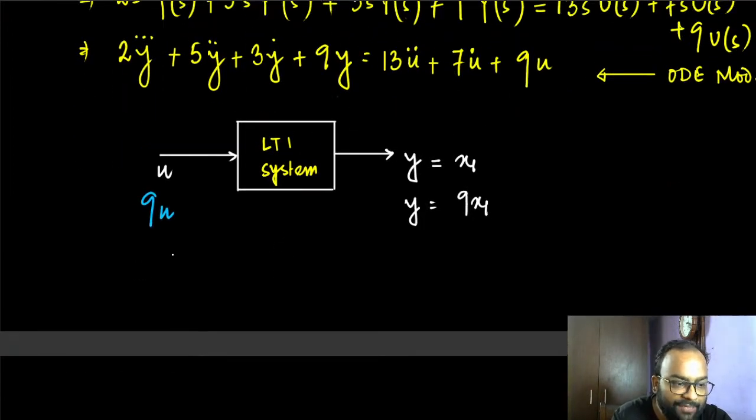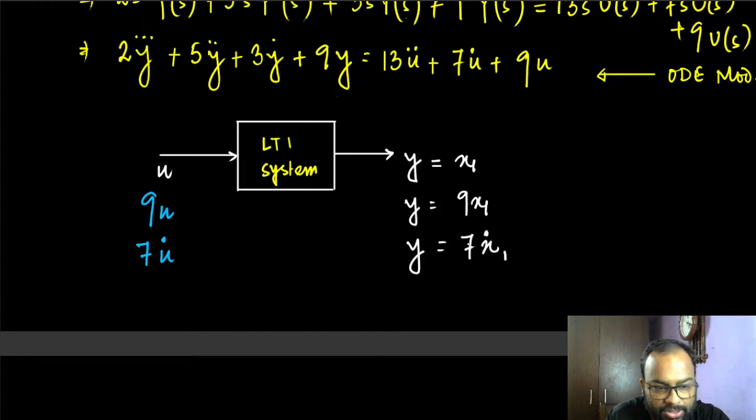Similarly, if I know that if the input is u, the output is x1. If the input is the derivative of u, then the output is also going to be the derivative of whatever the output I had originally. Okay, the original output was x1, so it's going to be the derivative of x1, right? Similarly, if the input is not just u dot but 7u dot, then the output is going to be 7 times as much. So the output is going to be this.